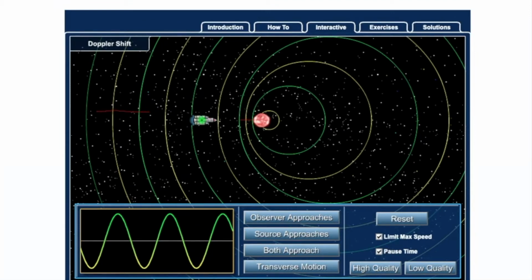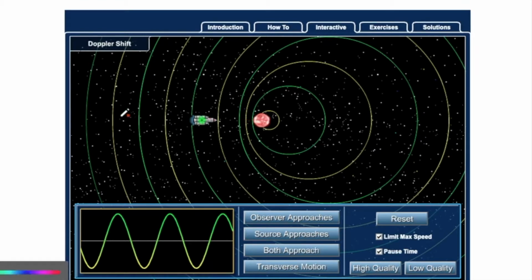What that tells us, because again the distance of the line is measuring the wavelength, is that the apparent wavelength of this wave, at least from the perspective of this spaceship, got shorter. That's because the star sends out a wave and then moves closer to that wave before it sends out another one. That's the idea. Now we'll see how that affects the spaceship's perception of the wave next.